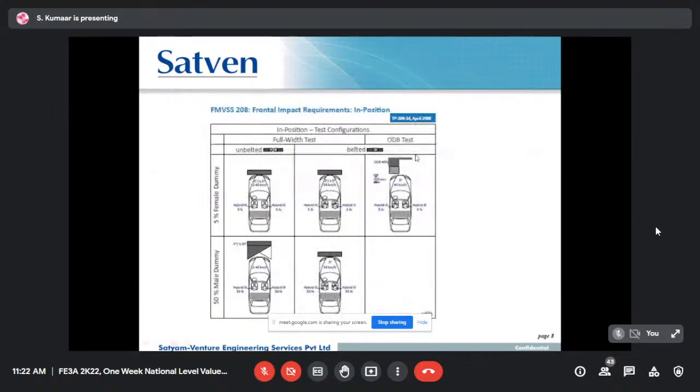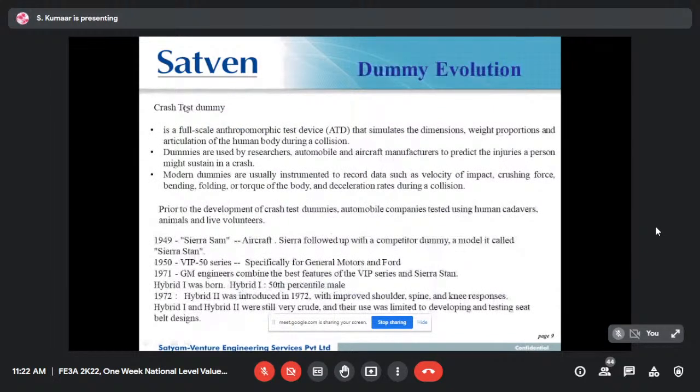Next we'll move on to the dummies. To evaluate the injury level and assess the kinematics of the occupant, we use devices called ATD, anthropomorphic test devices. This will replace the human inside the car.